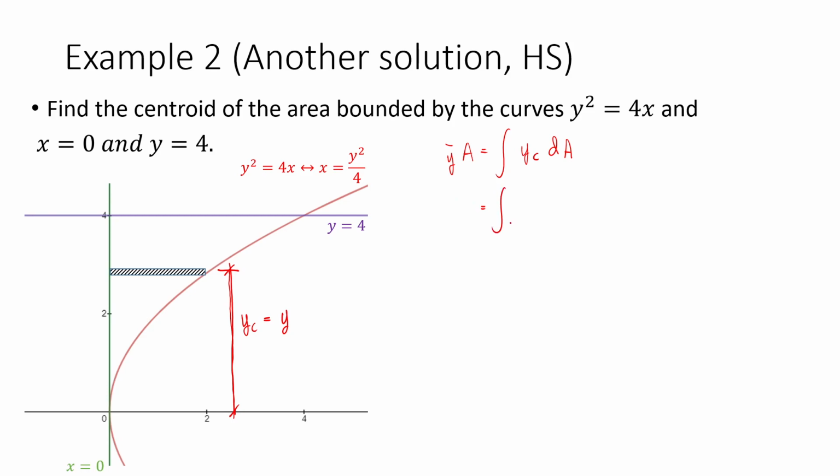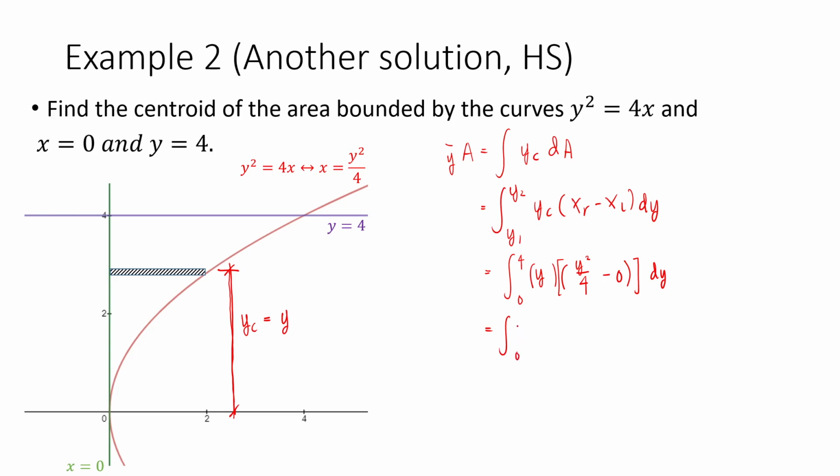Since we are using the horizontal strip, from y1 to y2, then y sub c times x right minus x left dy. Since our y sub c is just y units going towards the centroid of the differential strip, we're going to have from 0 to 4, times y, and then times y squared over 4 minus 0 dy.